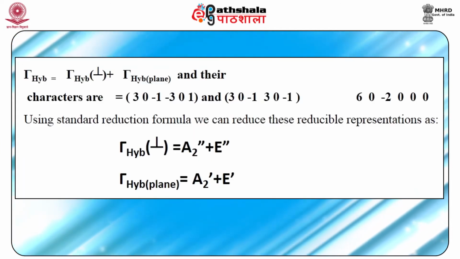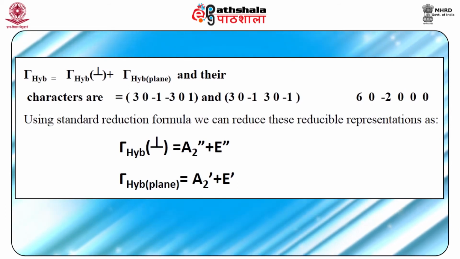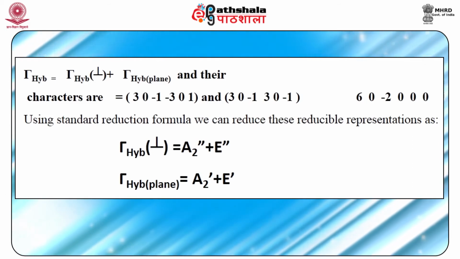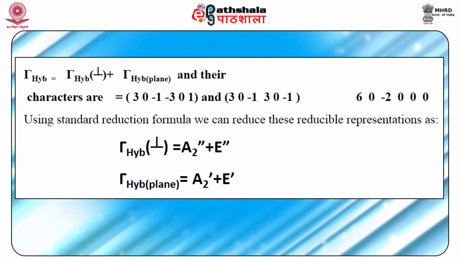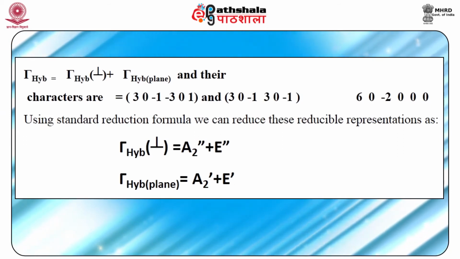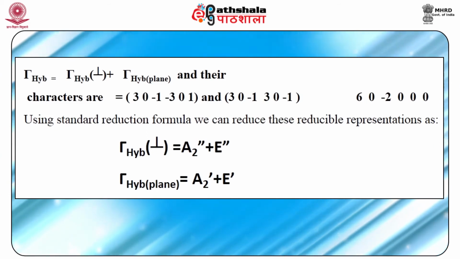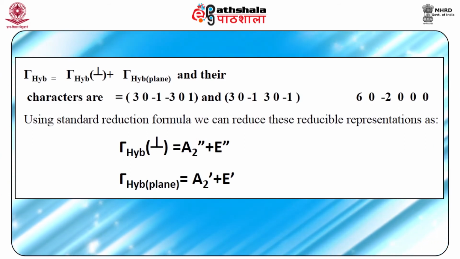Therefore, tau hybrid is equal to tau hybrid perpendicular plus tau hybrid in plane, and their characters are 3 0 minus 1 minus 3 0 1 3 0 minus 1 3 0 minus 1, or the total character is 6 0 minus 2 0 0. Using the standard reduction formula, we can reduce this reducible representation.